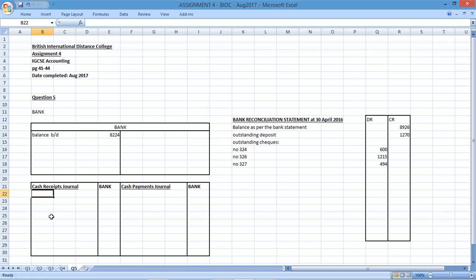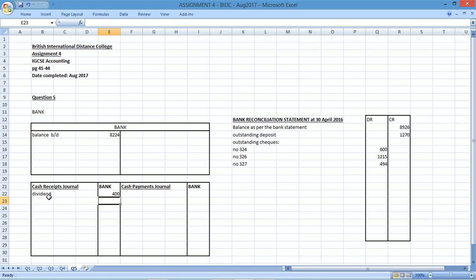The following items had been entered in the bank statement but not in the cash book. A dividend received from Ono Limited for 400. If it's a dividend that's received, it's going to go here. It's going to increase our bank, so 400. An amount of 336 received by bank giro from A Kimber.